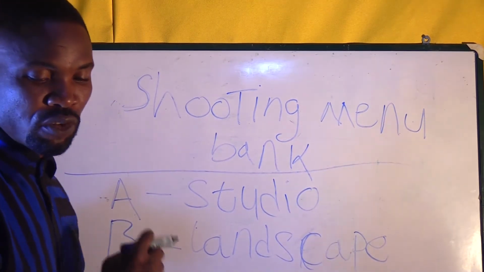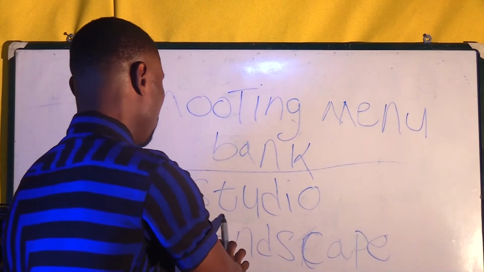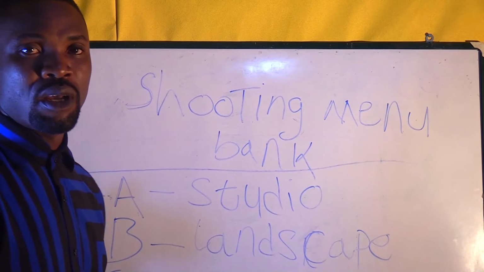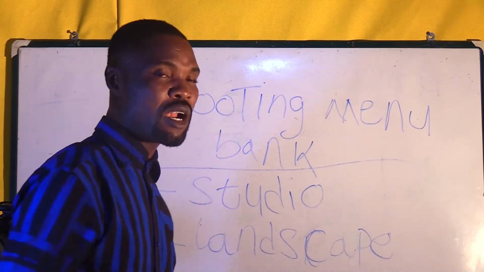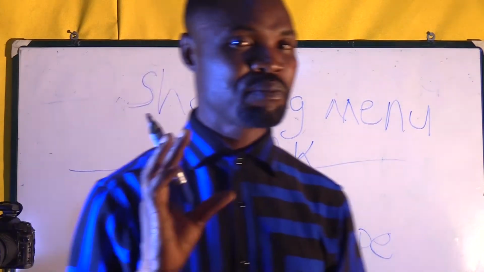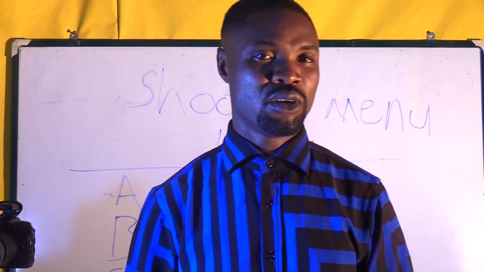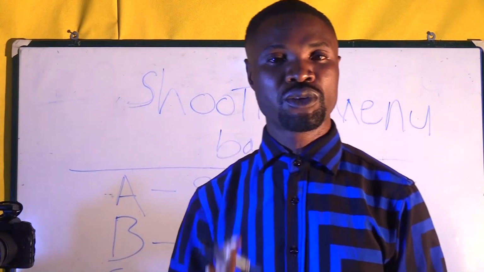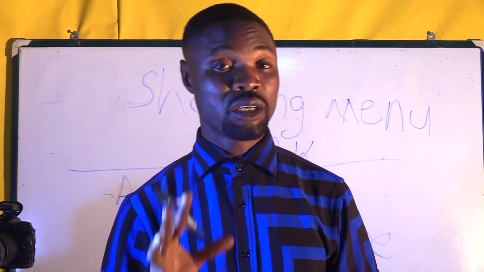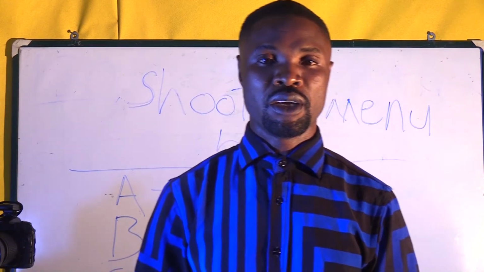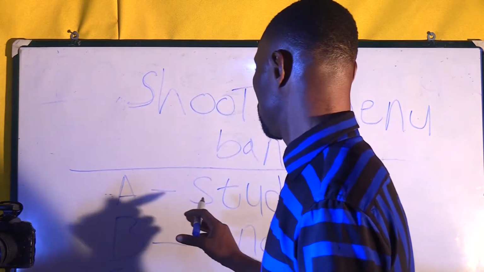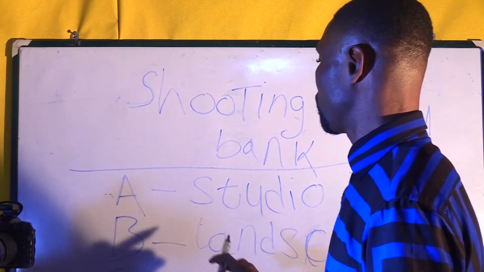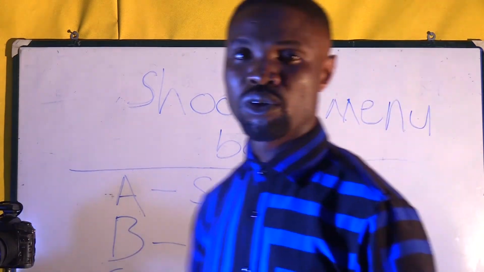The A option has to do with auto, and this is very good while you are taking pictures in the studio or indoors, so you use the A option for the studio.